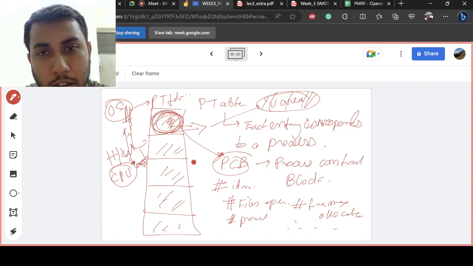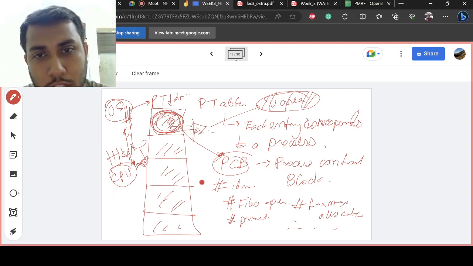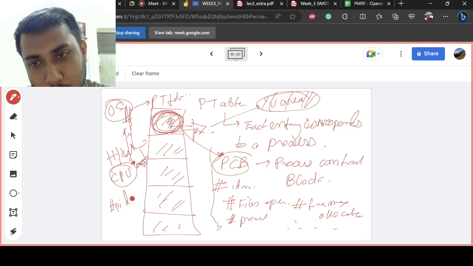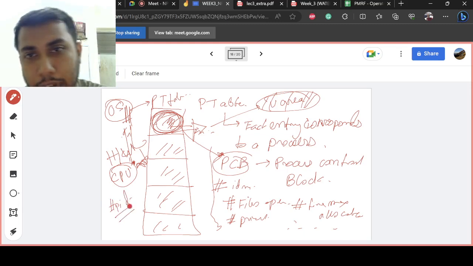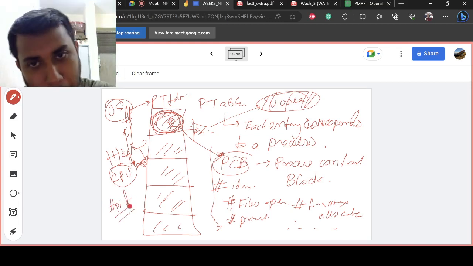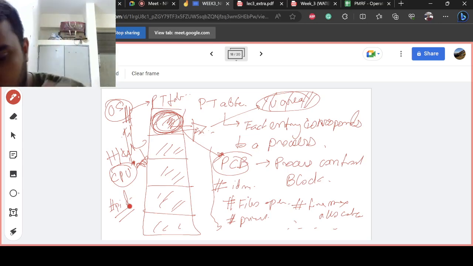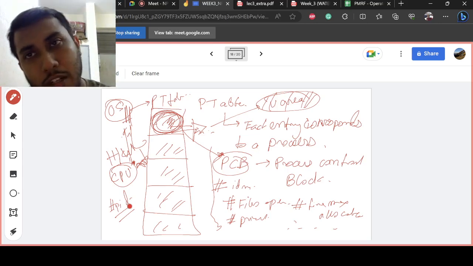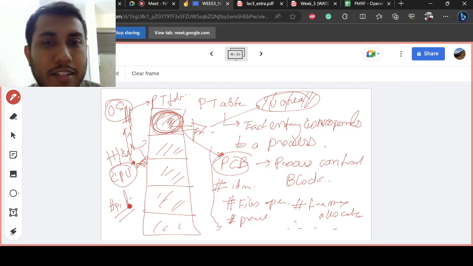When the fork happens, the child copies most of the things, and a few things it prepares on its own, like the PID, that it has to own. But for the other part it copies the parent's PCB, and then designs it on its own.